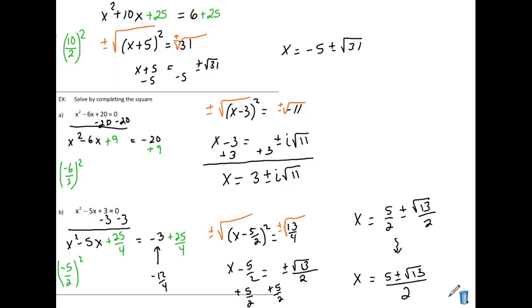I would accept either of these two answers. I don't necessarily have to have them in one like this, although you'll see as we go on, sometimes this makes it easier to simplify, because I could be looking for a common factor. Since square root of 13 does not simplify at all, I don't break this down any further to look for a common factor of 5, square root 13, and 2.